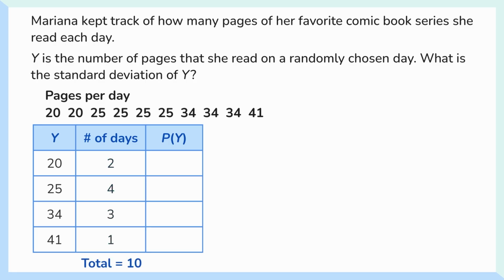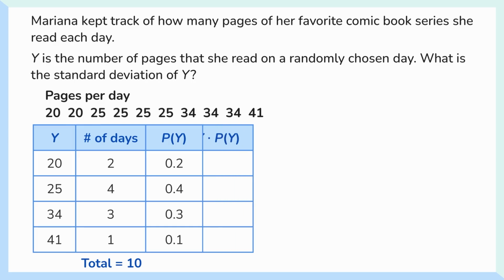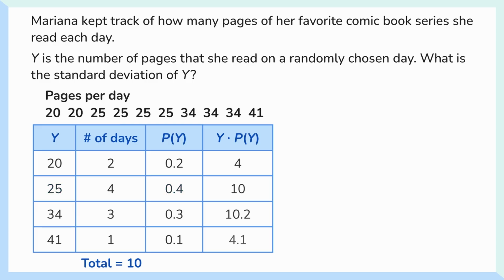Now we can find the probability of each data value by dividing its frequency by the total, 10. 2 divided by 10 is 0.2, 4 divided by 10 is 0.4, and so on. Next, we'll multiply each data value by its probability. 20 times 0.2 is 4, 25 times 0.4 is 10, and so on. The sum of these values is the expected value 28.3.